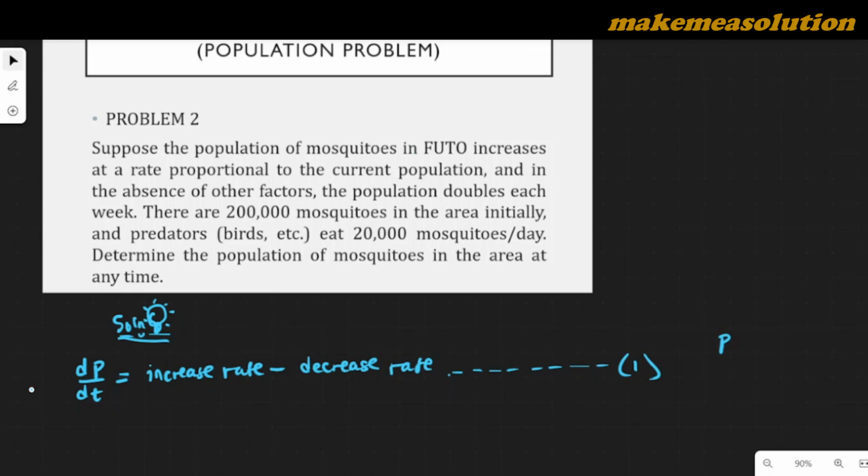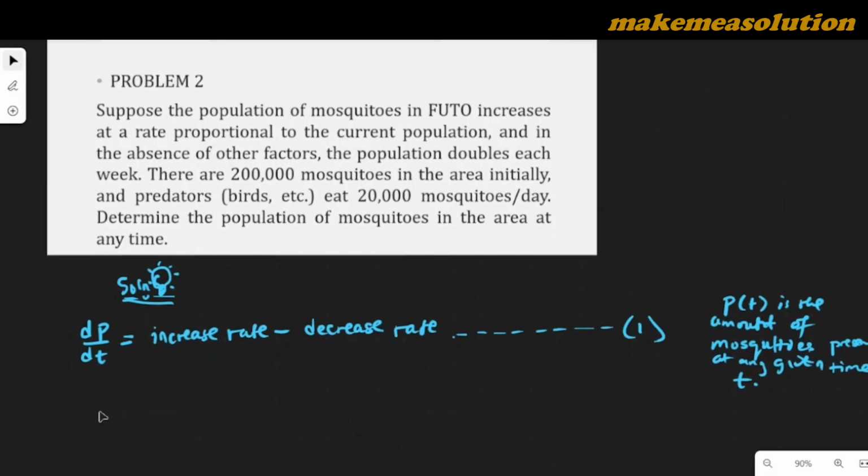So P of t is the amount of mosquitoes present at any given time t, for instance.